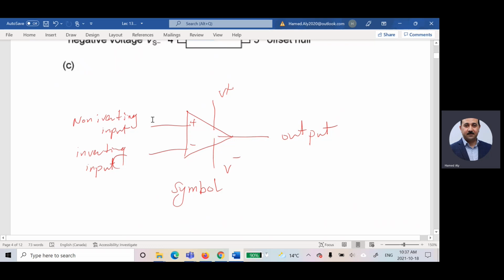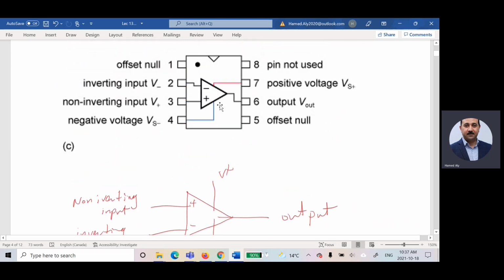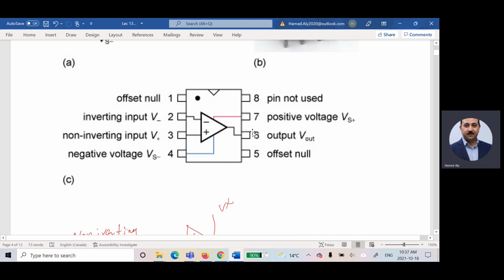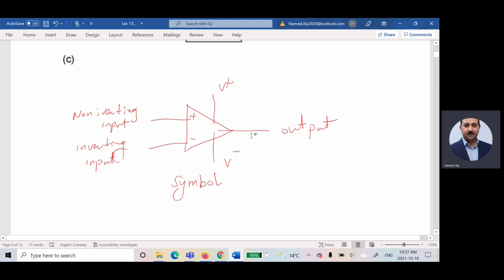We connect our inputs through these 2 pins, and take our output from that pin. These 2 pins, 4 and 7, are the power supply, and 2 and 3 are the inputs, and the output is V out, pin number 6.